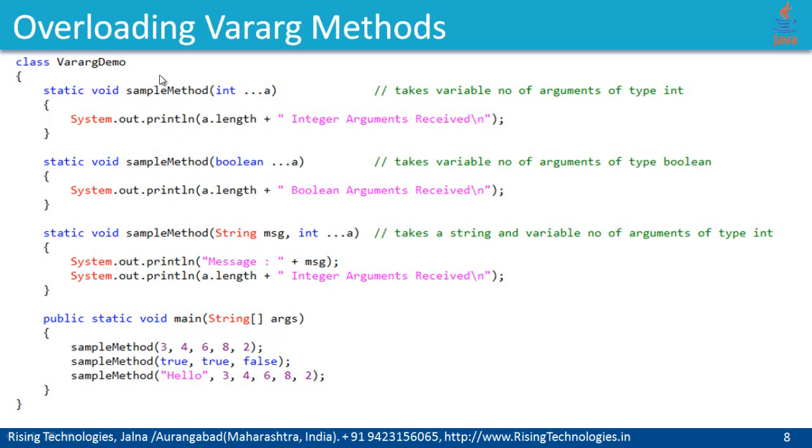The compiler is going to invoke this method. All these numbers will be passed as arguments into this array a. Actually, a Vararg argument is actually an array. So all these numbers will be stored within this array, and it will say 1, 2, 3, 4, 5, 5 integer arguments received. In the second call to this sample method, I am passing a few booleans as parameters.